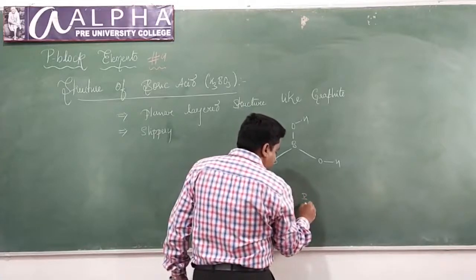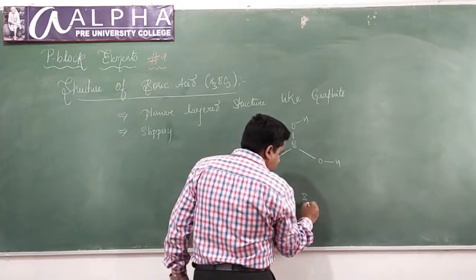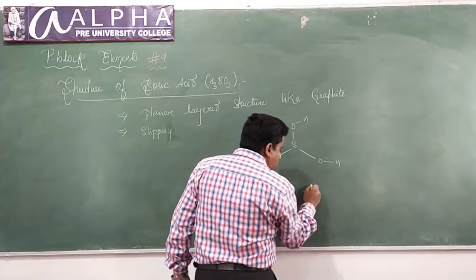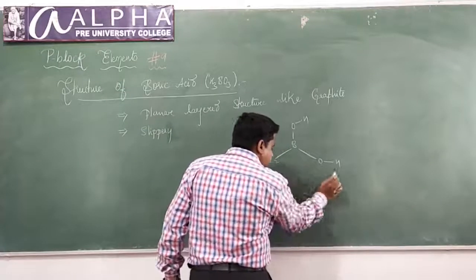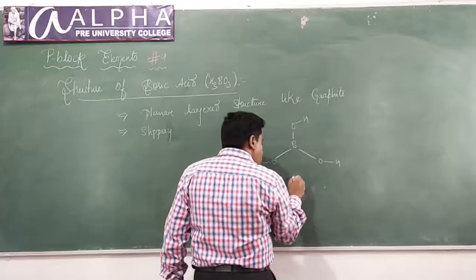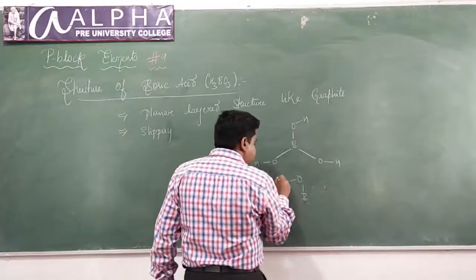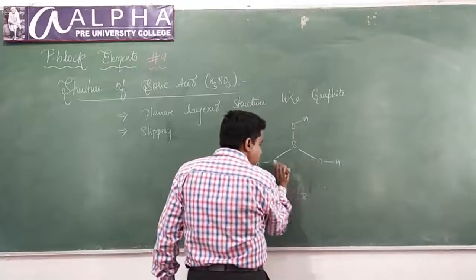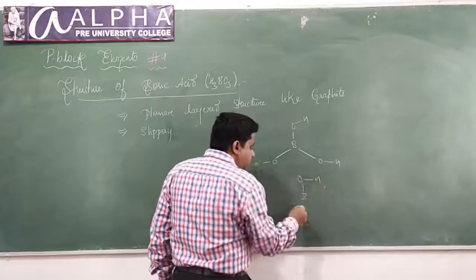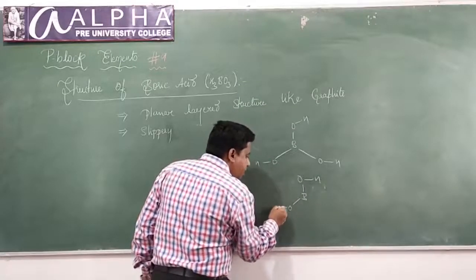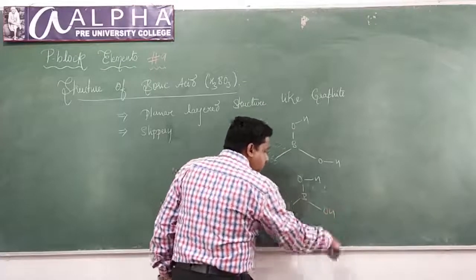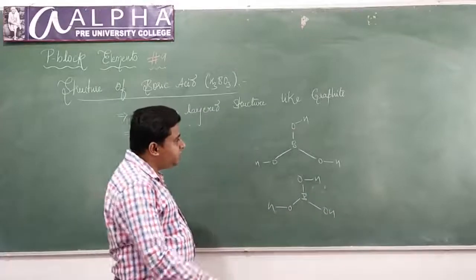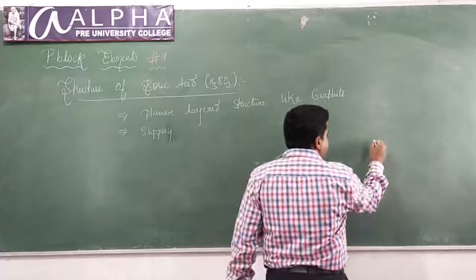Wherein I can write B, then OH, or else B, O, H, then OH and OH. This is another boric acid. Like that, you can write any number of boric acid molecules here.